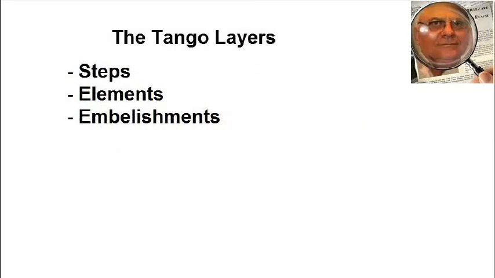The tango layers. Imagine being at a milonga, watching the milongueros dancing around the hall. Analyzing the dance, we see that it is composed of 1. Lots of steps. 2. Tango elements like sacada, barrida, gancho, volcada, colgada and so on. 3. Embellishments. If we check the statistics of how much of the dance is steps, how much is elements, and how much is embellishments, we'll probably get a statistical diagram that will look like this.